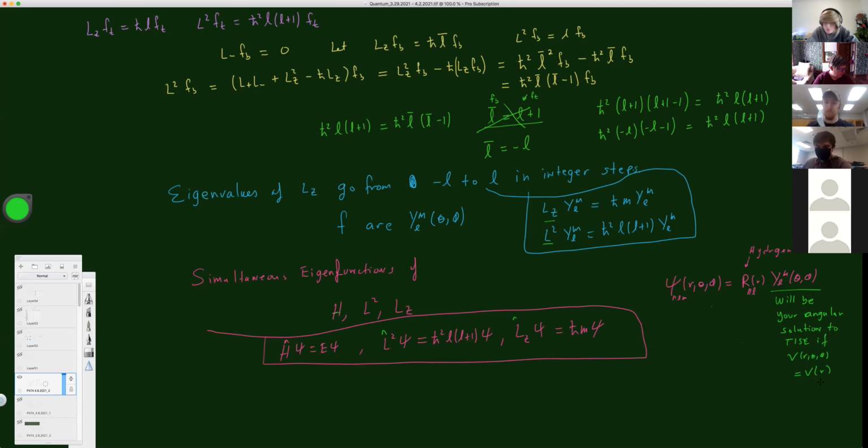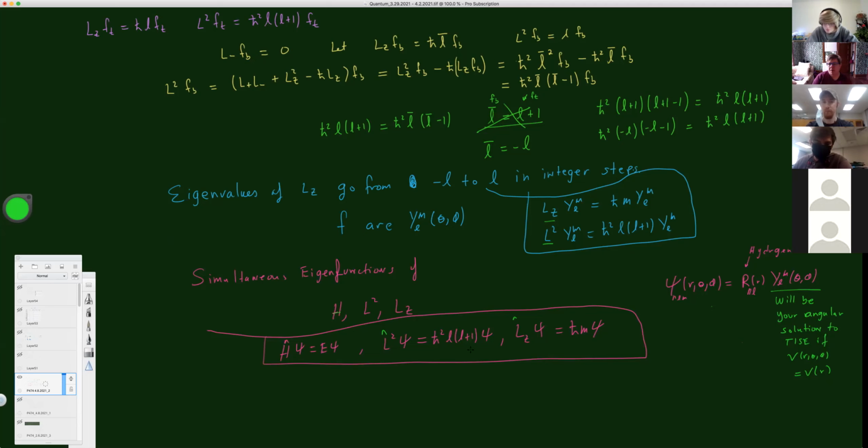I can't remember now, but it was a quiz or homework problem where you're looking at what the operator for LZ looks like. And L squared also has a differential operator, and I'm just going to write those down.